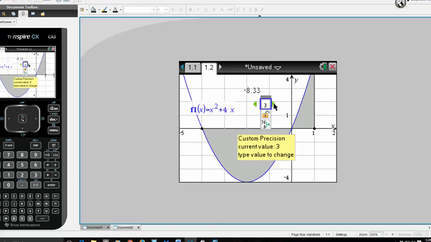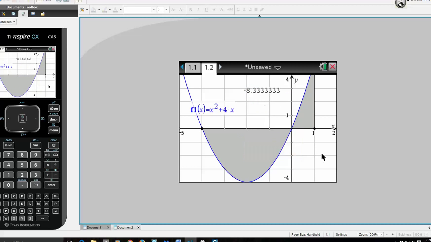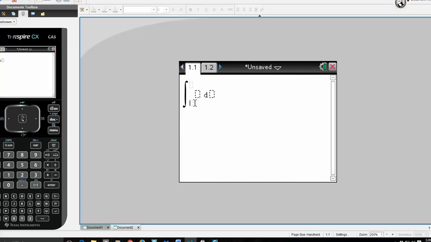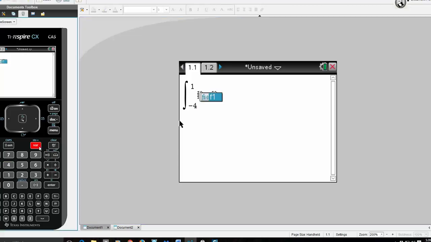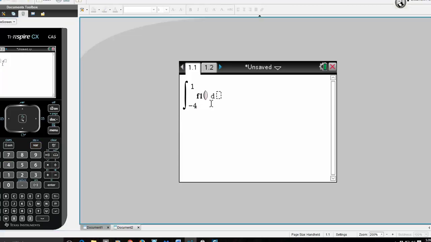Attributes. So it's -8 1/3. All right. Well, let's take a look at this. -4 to 1. This is f1 of x. I'm integrating in x. There's the answer. We have some issues we need to work through.